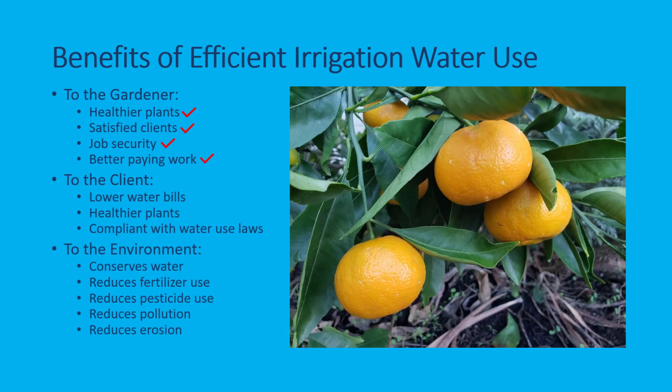For the client or homeowner, the benefits of efficient irrigation include lower water bills, healthier plants, and compliance with state and local water use laws. The environmental benefits of conserving precious and valuable water resources include reducing fertilizer and pesticide use, reducing pollution associated with runoff and deep percolation of water and chemical inputs, and reducing soil erosion.